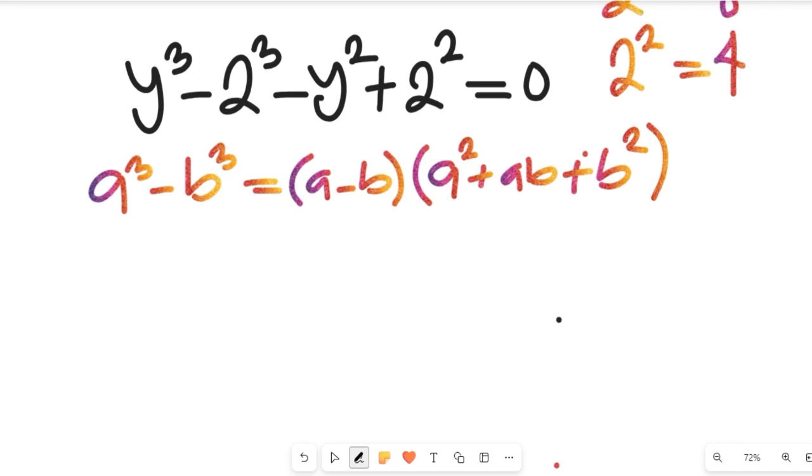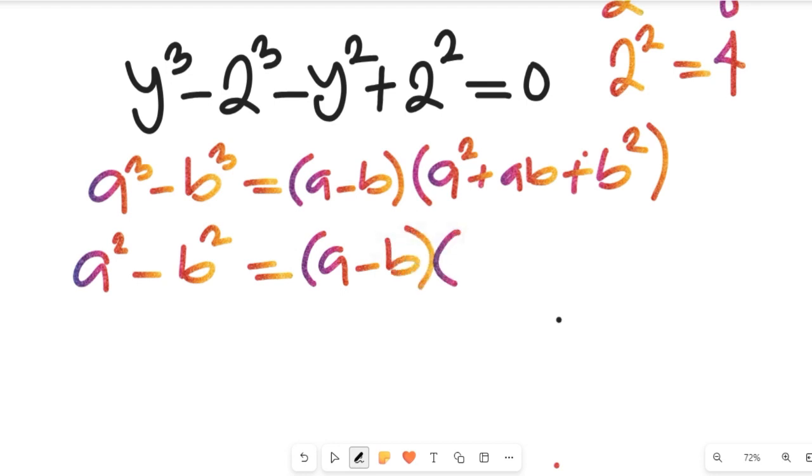Now, this is an algebraic formula, and if it is a square, we have a square minus b square, then this will be equal to the first value minus the second value multiplied by the first value plus the second value. Great. So we'll apply this in solving that exponential equation.